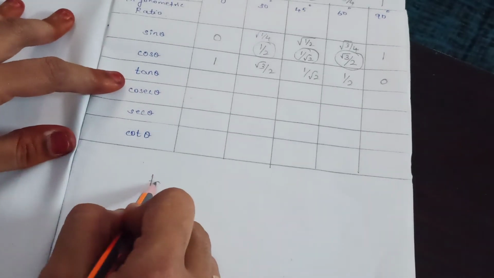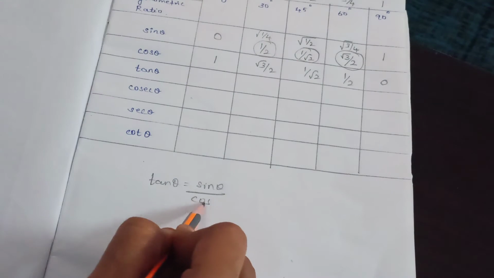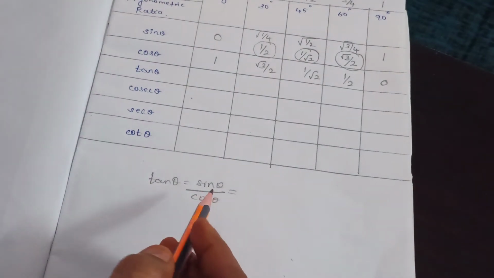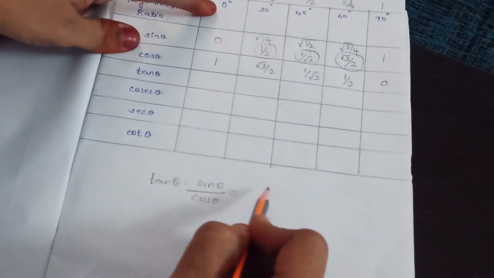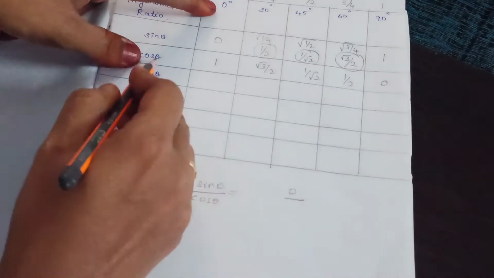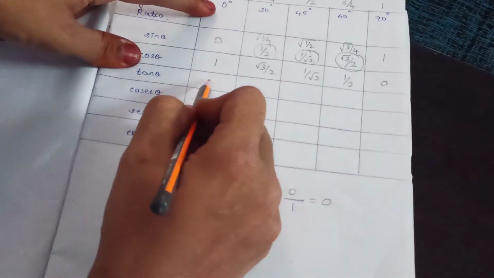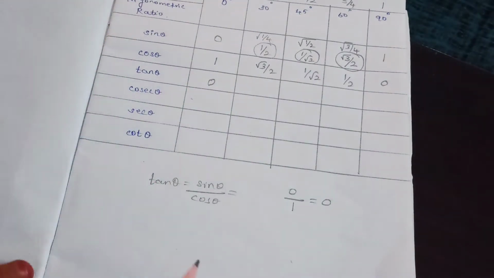Now for tan theta we know tan theta equals sin theta by cos theta. So we have to divide both the values. For 0 degree, sin 0 is 0 and cos 0 is 1, so 0 by 1 is 0. Similarly, we have to divide all the values.